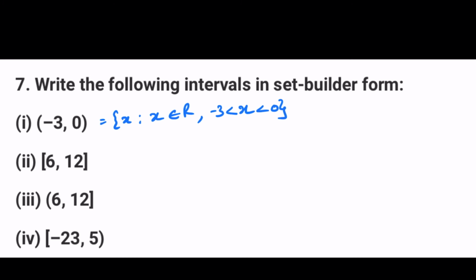We are not including them because it's an open interval. Next, in this one, because it's closed on both sides, you can write x such that x belongs to R, and x lies between 6 and 12. It is also including 6 and 12. So 6 is less than or equal to x is less than or equal to 12.